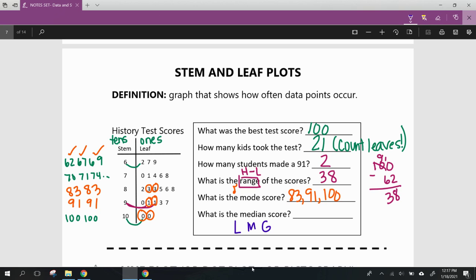And remember, our median is in the middle, but we have to order from least to greatest first. And remember, we're finding the median score. And our leaves are going to be the individual scores, right? We're trying to find the score or the student in the middle. So that means we're going to just focus on the leaves, 62.